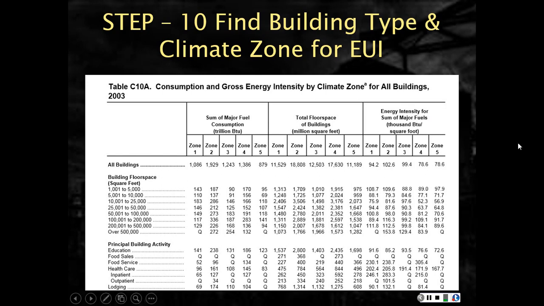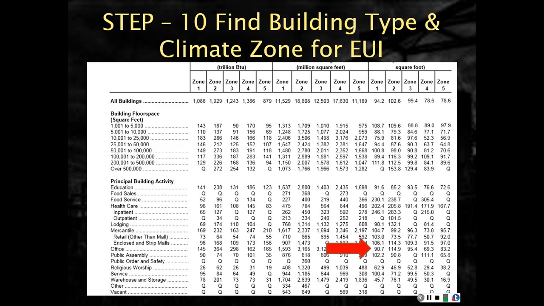Now, what you're going to need to do is I want to do it by building type. So you need to scroll down. If you scroll down, it has principal activity, building activity. So what was the principal activity? The government has some definitions of common activity. If you look at this, we have education, food sales, food service, healthcare inpatient, outpatient, lodging, office building, whatever.